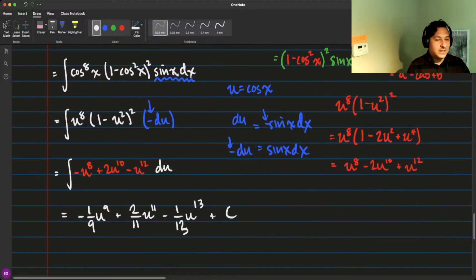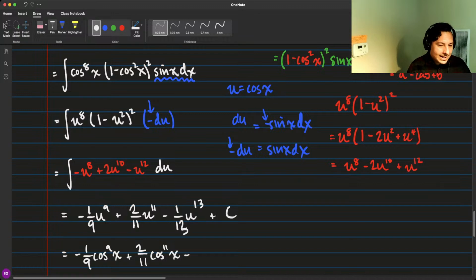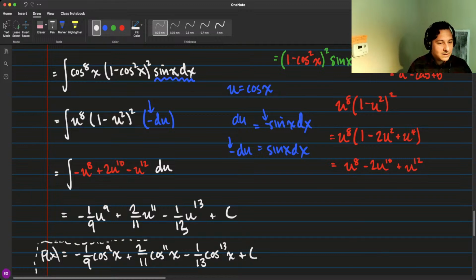And then you just plug your u back in, and my antiderivative is minus 1/9 cosine to the 9th x plus 2/11 cosine to the 11th x minus 1/13 cosine to the 13th x plus c. Victory. I claim victory. That is my antiderivative.